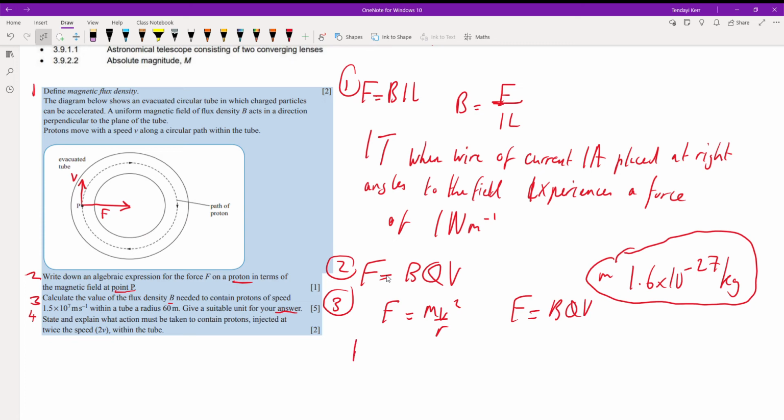So equate the two: mv squared over r is equal to BQV. What can we do? We can cancel one of the v's. Then make B the subject, so B is equal to mv over rQ.